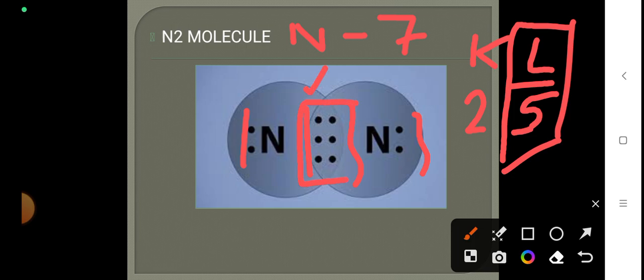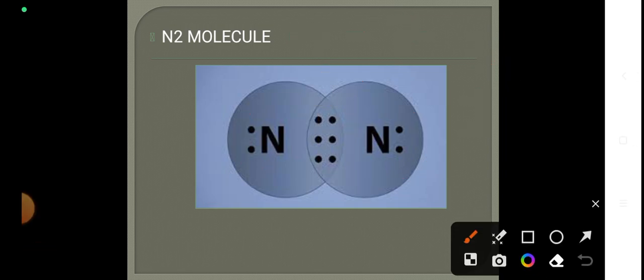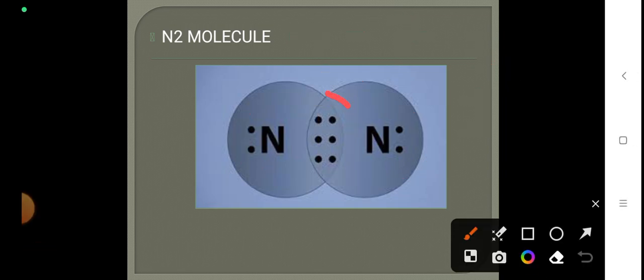The first 3 dotted lines are the 3 electrons of the first nitrogen, and the second 3 dotted lines are the 3 electrons of the adjacent nitrogen. So this structure is mainly representing sharing of electrons.